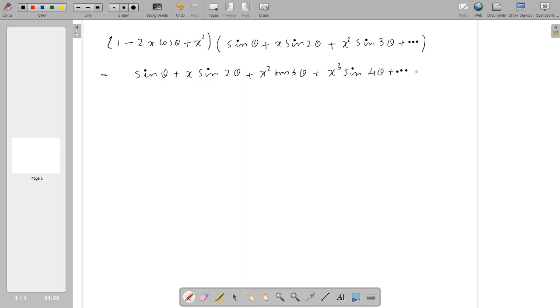And secondly we have minus 2x cos theta times this bracket.